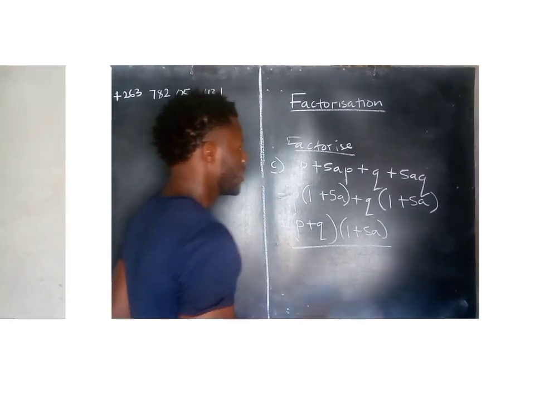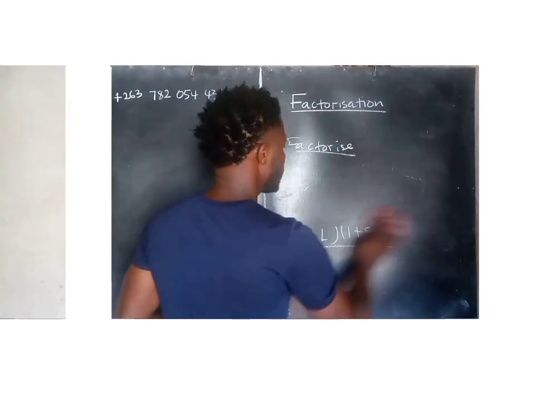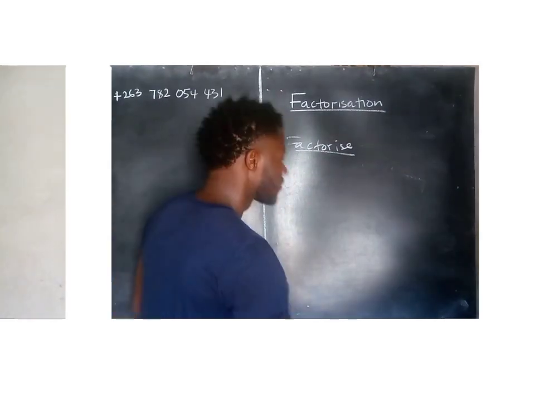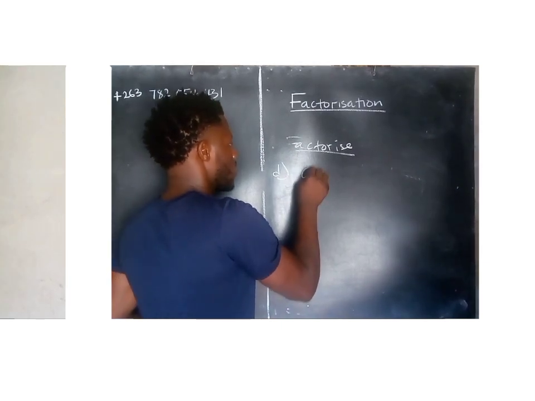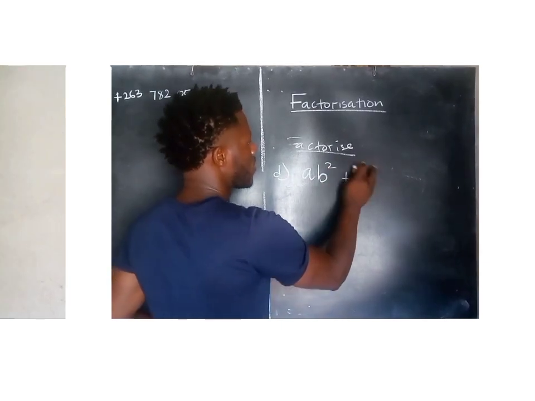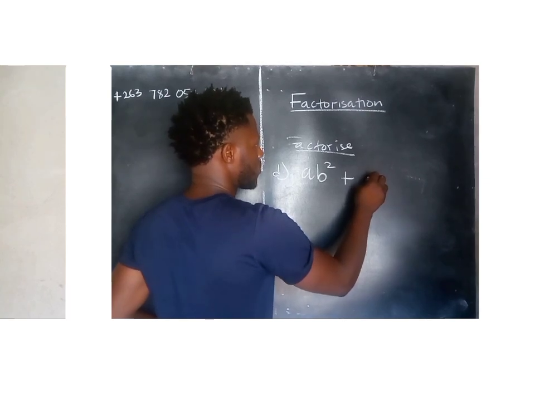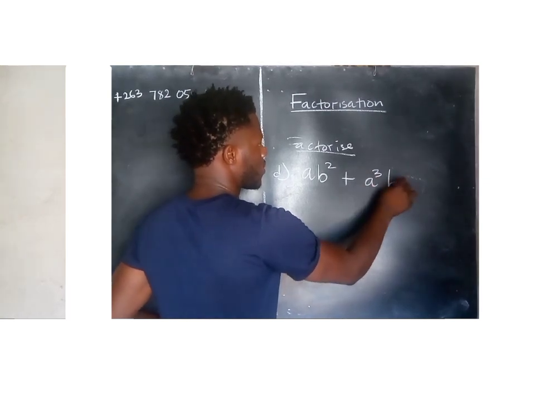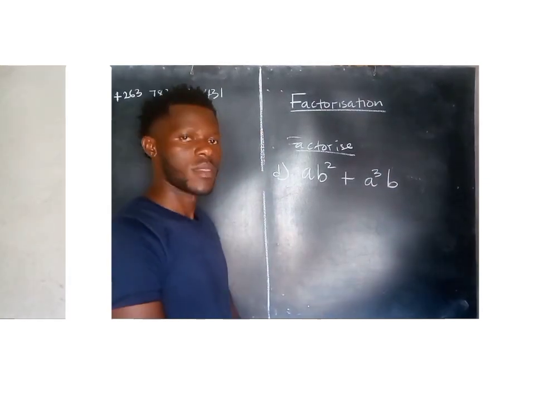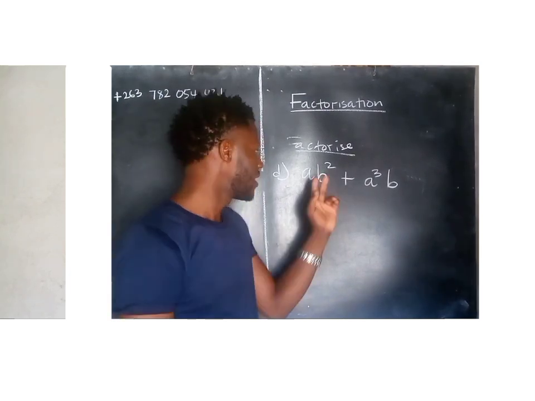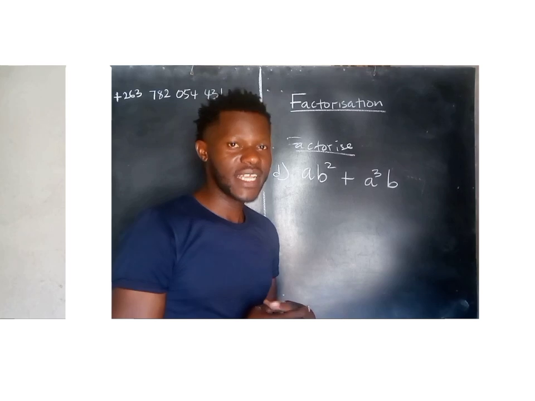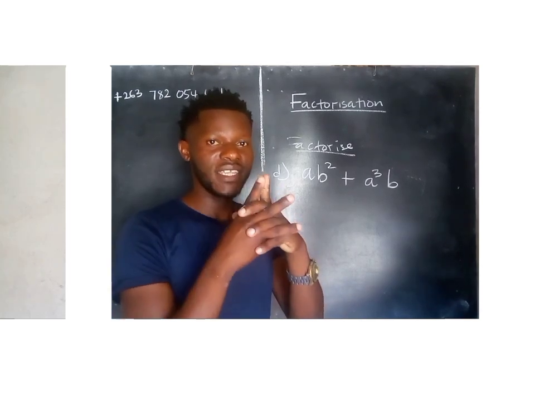Then suppose we involve powers like this: AB squared plus A cubed B. When you are factorizing terms that involve squares, you must take the letter with the smallest power.